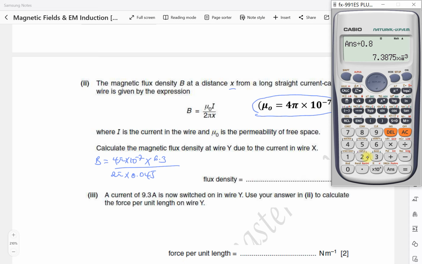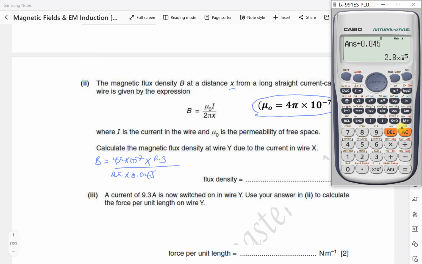Okay, so the pi has cancelled and the 2 has also cancelled. So I'm going to just say 2 times 6.3 times 10 to the power of minus 7, because pi has cancelled and the 2 in the denominator has cancelled, so I will just divide by 0.045.